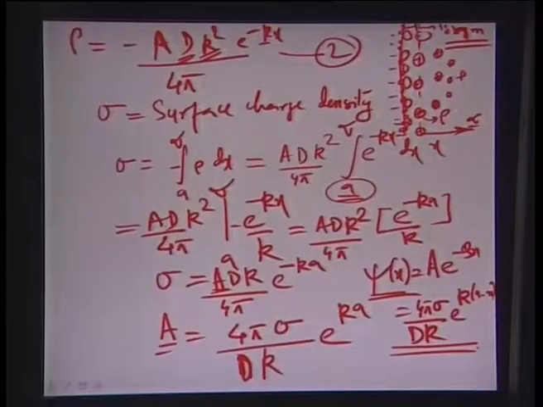So, at that particular parameter, the potential that is available really is nothing but the surface potential of the particular surface in question. And so, if we put x equal to a in this equation for the potential, equation 3, we should be able to get that as an estimate.